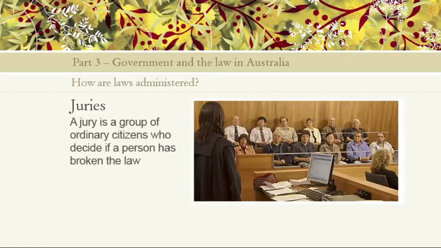A jury is a group of ordinary citizens from the general population. The jury listens to evidence provided in court and decides if the person is guilty. The judge decides the penalty. In Australia, a person is considered innocent until found guilty by a court.